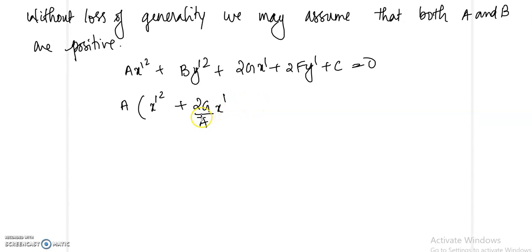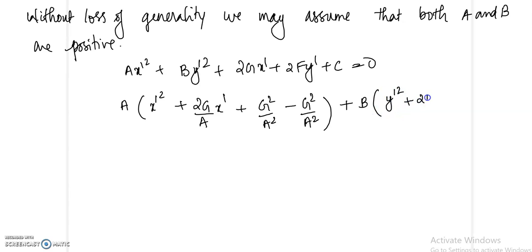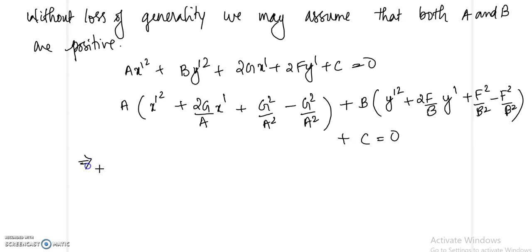To complete the square we need G square by A square, then minus G square by A square, and from the second term take B outside, so y dash square plus 2F by B y dash plus F square by B square minus F square by B square plus c equal to 0.